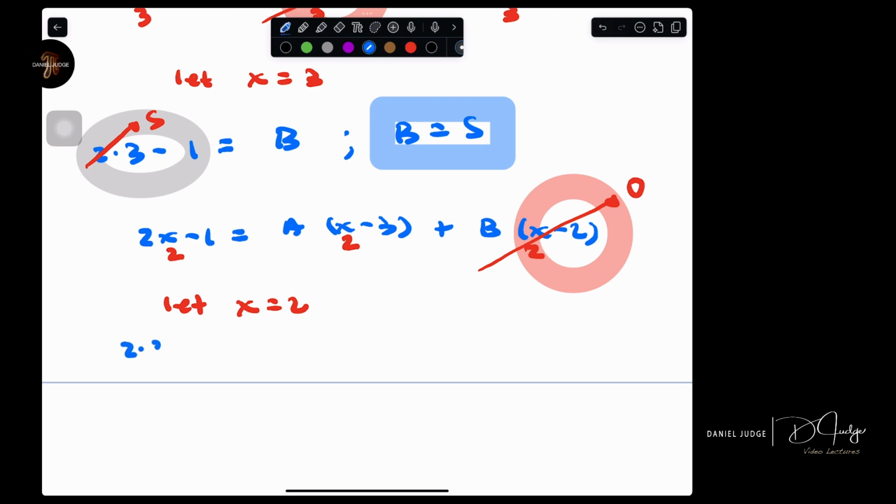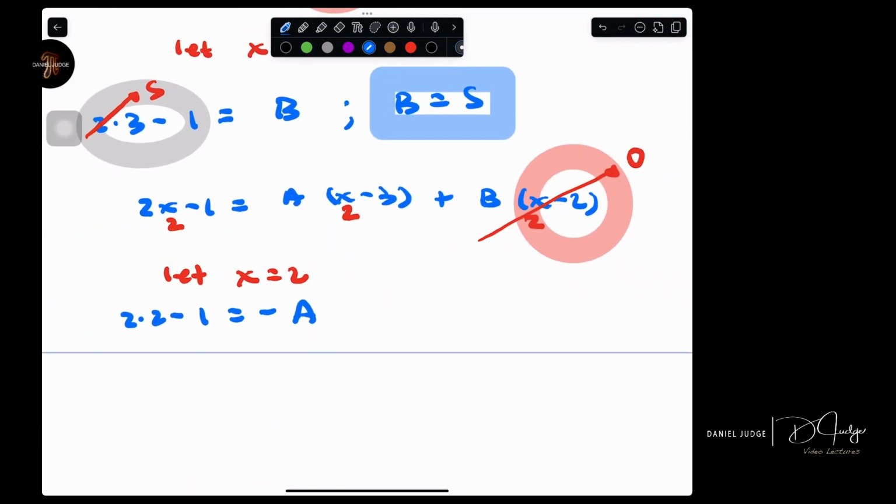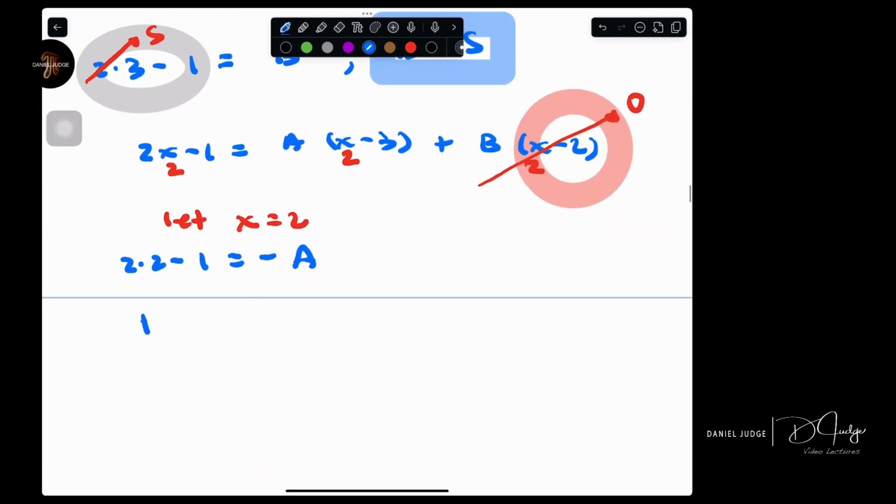Now we'll get 2 times 2 minus 1 becomes negative a, because 2 minus 3 is negative 1. So you get 4 minus 1 is negative a, or really 3 is negative a. That means a will be negative 3.